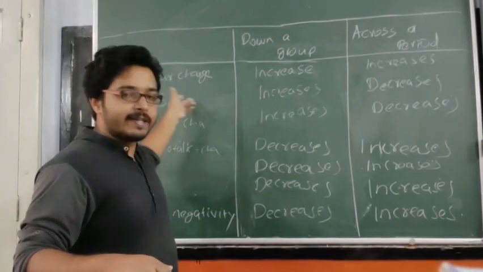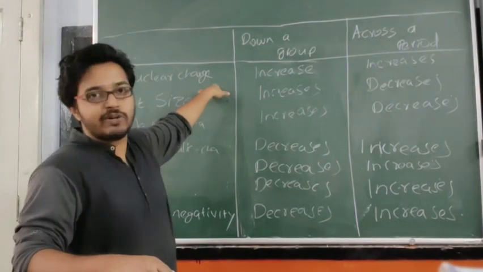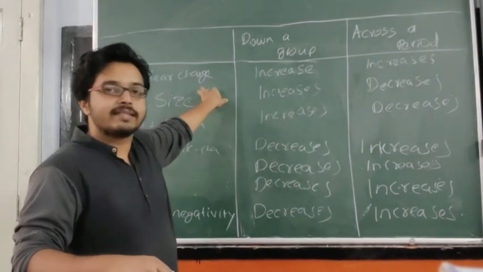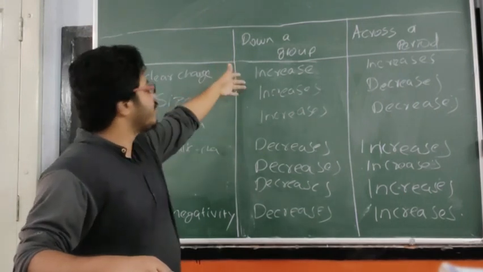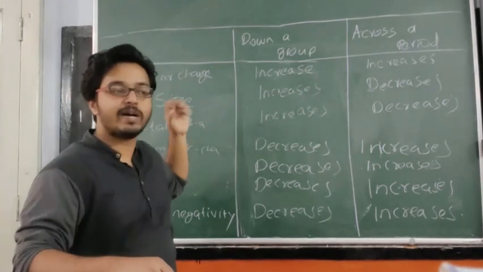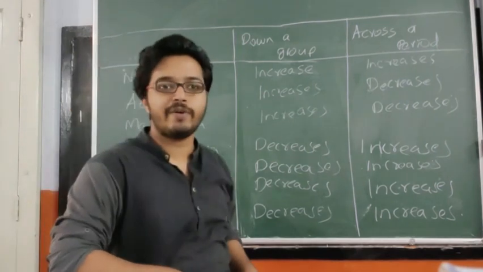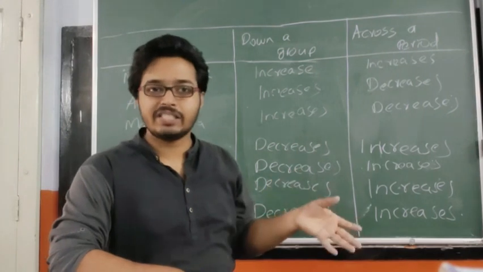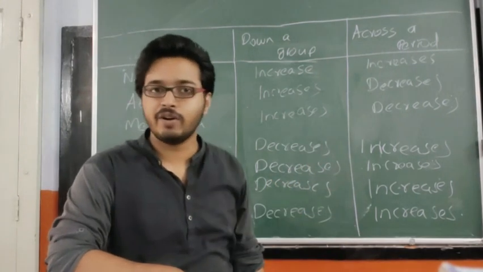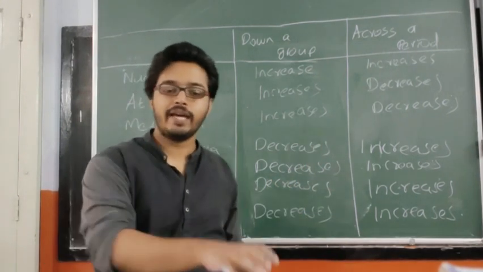If they are asking about the atomic size, you are supposed to explain based on the nuclear charge. And one more thing, if they are asking about the atomic size down a group, don't forget to write about the increasing shell, that effect being dominant over the nuclear charge. Okay.